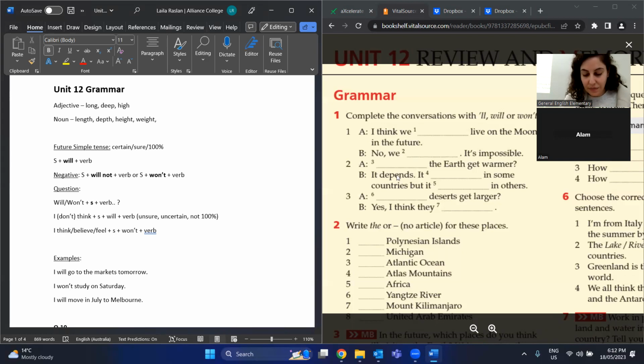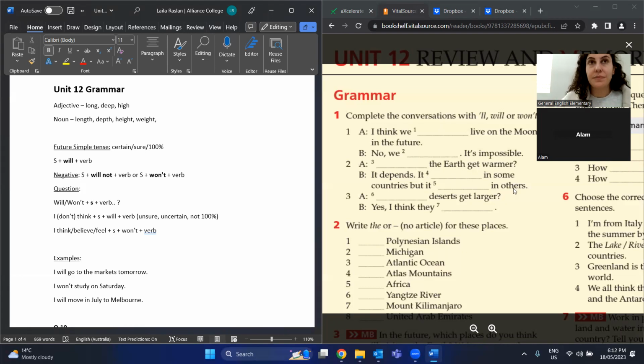It will. You can connect it to the subject. There's no difference, it's just connecting it to the subject. So the first one could be I think we'll, or I think we will. Doesn't matter. So yes, it depends. It will in some countries, but it won't in others. So it went from a positive to a negative.